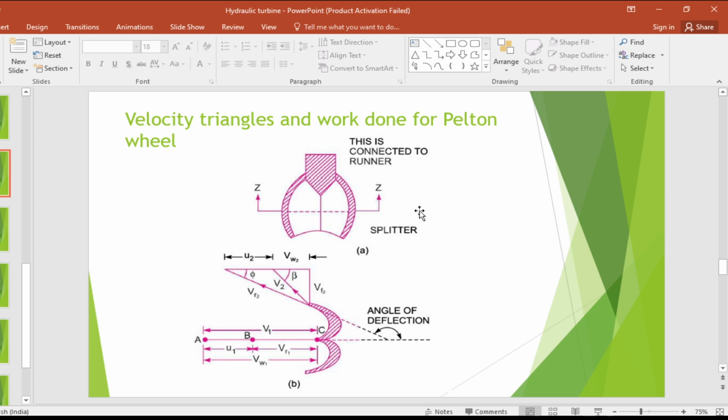The jet of water from the nozzle strikes the bucket at the splitter here, which splits up the jet into two equal parts.